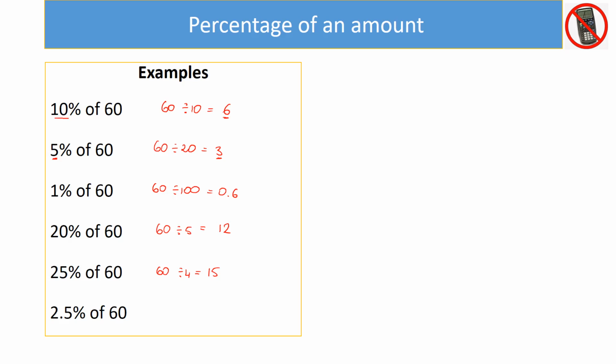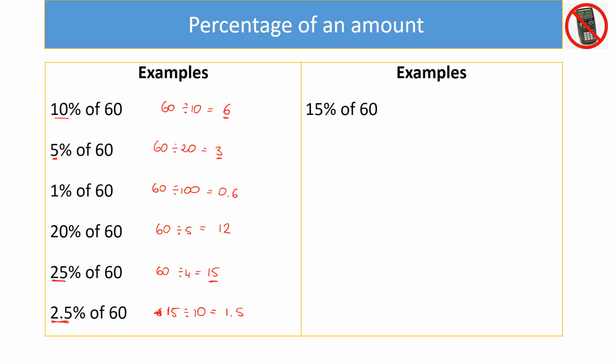And then to find 2.5% of 60, when you look at the last two, you can see that 2.5 is 10 times less than 25. So what I could do is divide 15 by 10, and that is 1.5.